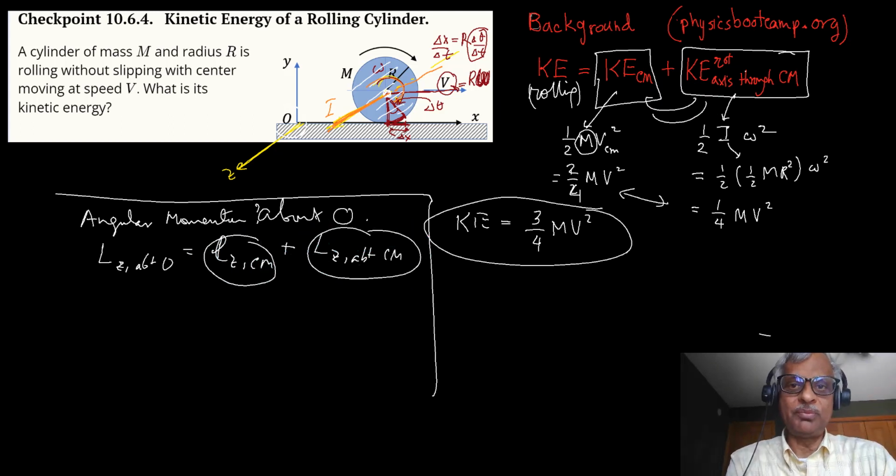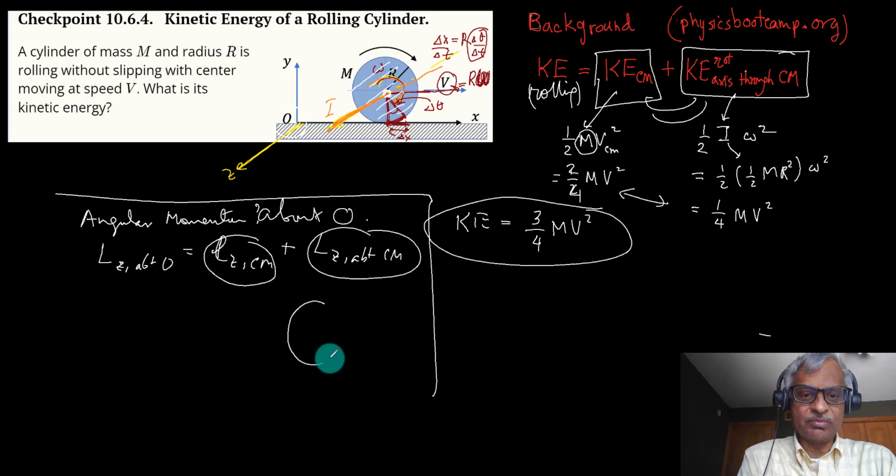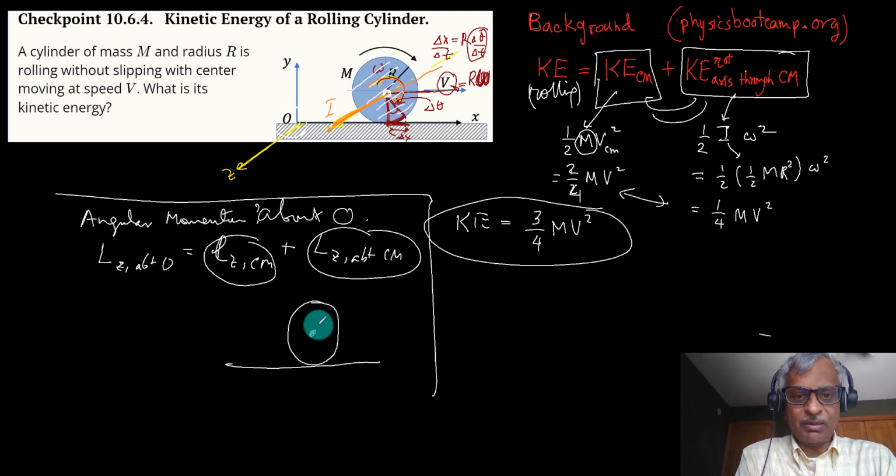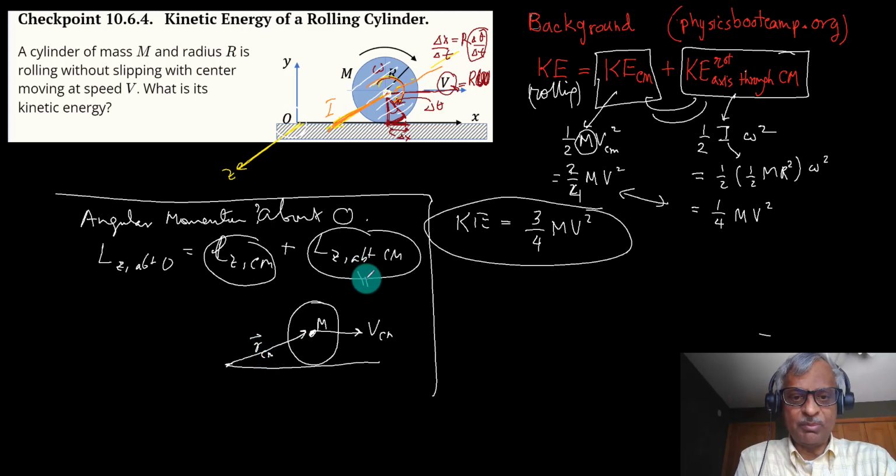Let's do the same thing here. If we put all the mass at the CM and it moves with V_CM, and this is the radius vector of the CM, then this is R of the CM, that vector, cross m V_CM vector, and we take the Z component.